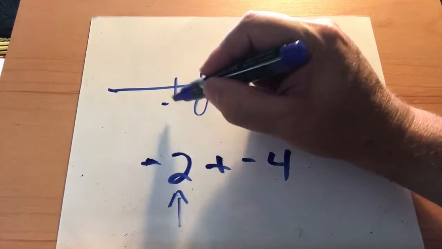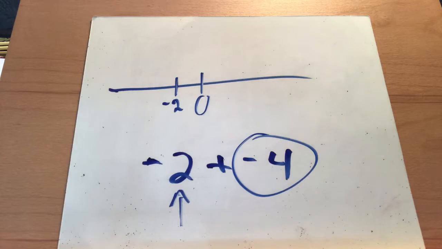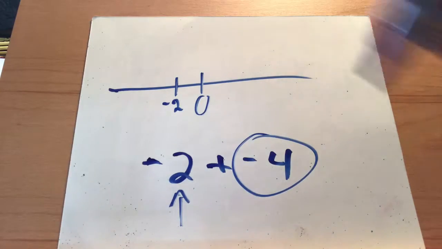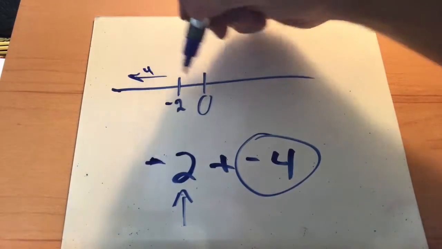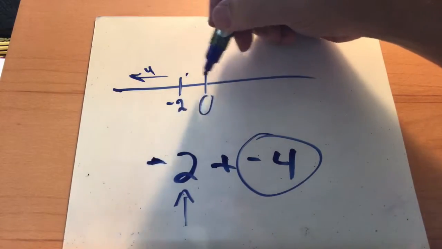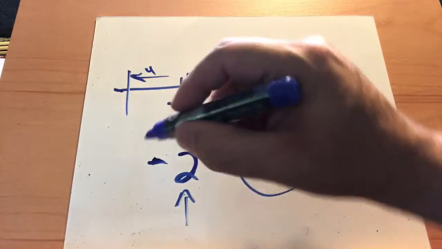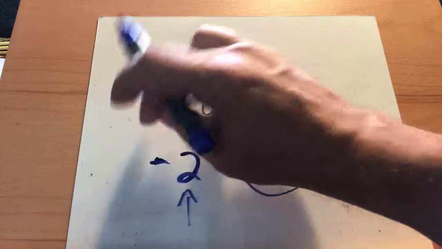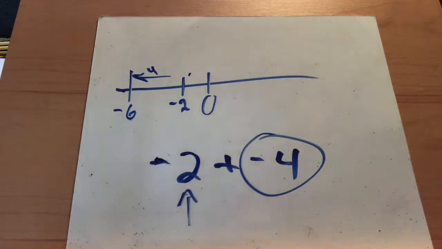So here's -2. Now that's a -4. Which way are we going to go if it's negative? We're going to go to the left, 4 to the left. So we were already 2 to the left of 0, and now we're going 4 more to the left. Where do we end up? We end up at -6.